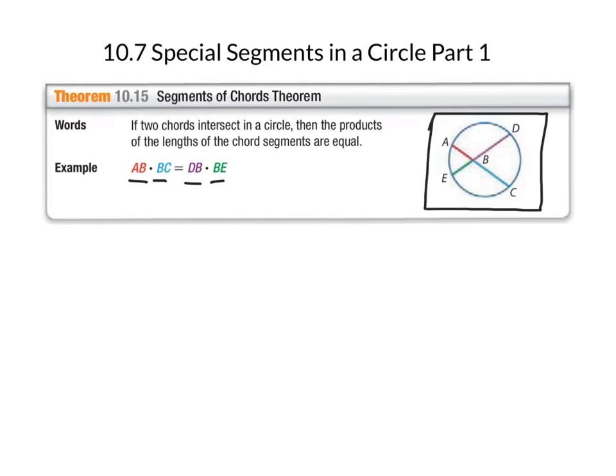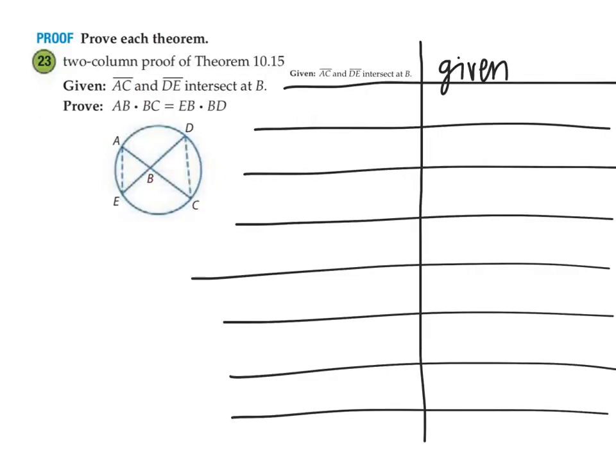We're actually going to take a look at a quick proof about this. So let's think about a way that we could actually prove that that happens. So we're trying to prove that AB times BC is equal to EB times BD. If we could prove that the triangles are similar triangles, perhaps we could set up a proportion that would lead to this final answer.